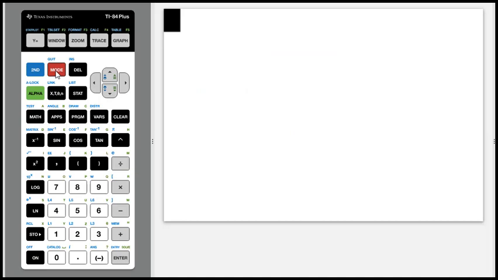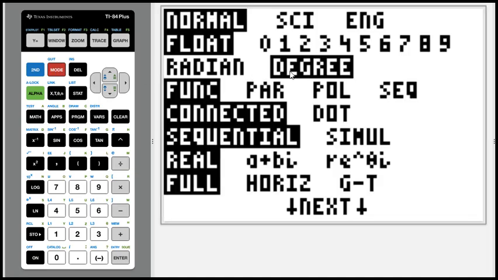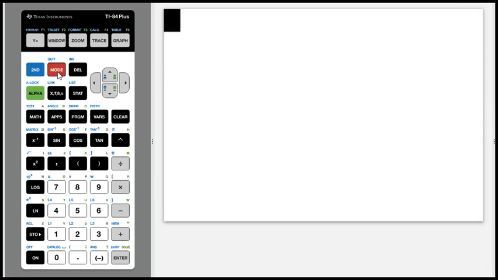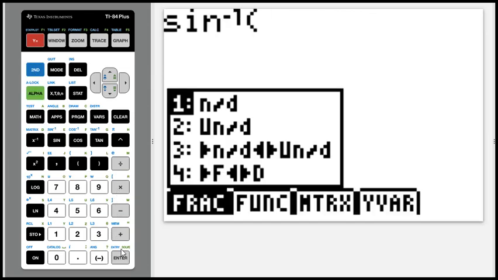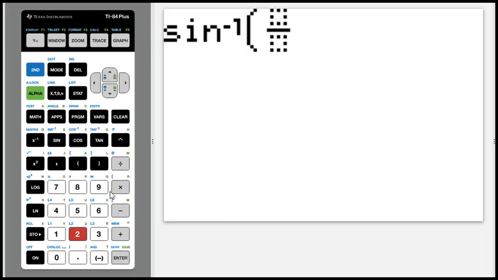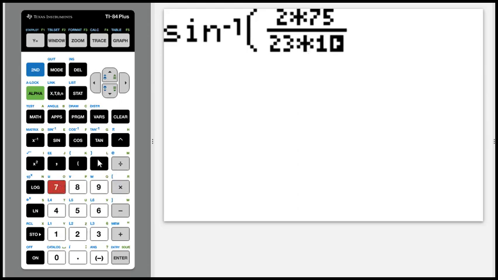Let's go to the graphing calculator. First of all, you need to check the mode. It's degree. Then you will do second sine. Alpha y equals. Enter. 2 times 75 over 23 times 17.